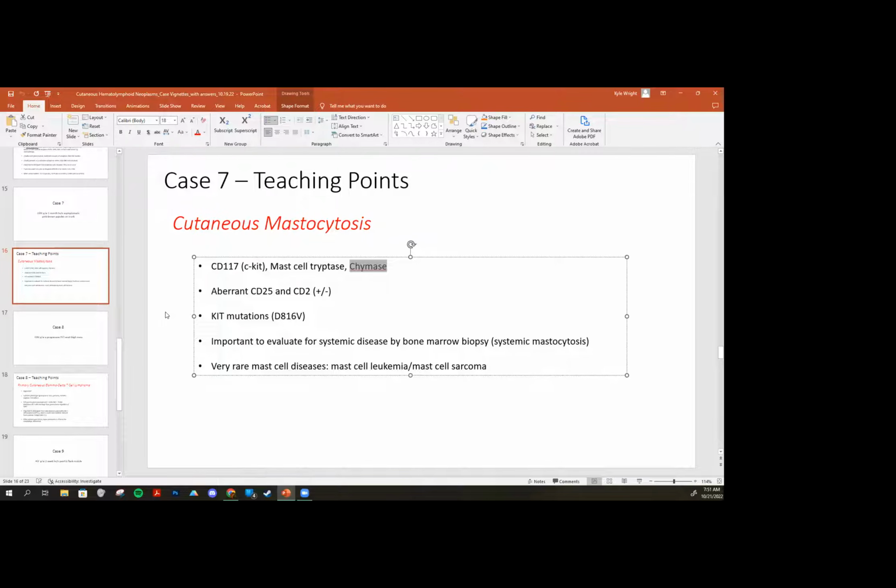In mastocytosis, just like systemic mastocytosis, you get aberrant CD25 plus or minus aberrant CD2 expression, and these are driven, just like systemic mastocytosis, by KIT mutations, primarily D816V.